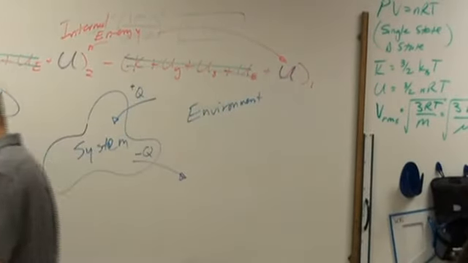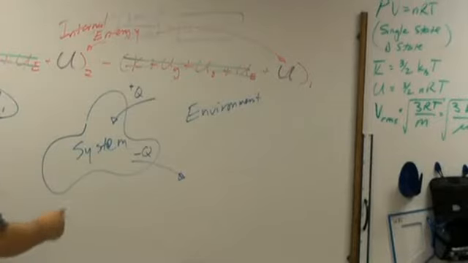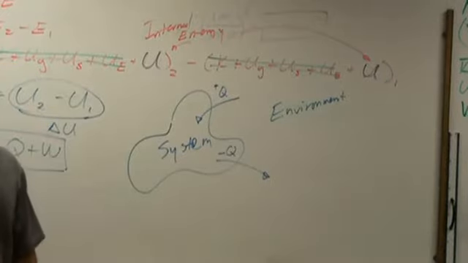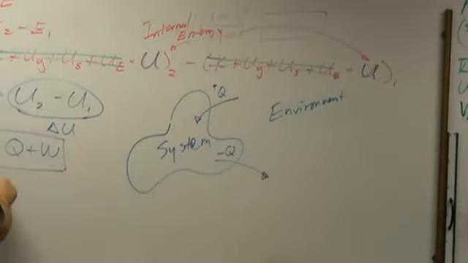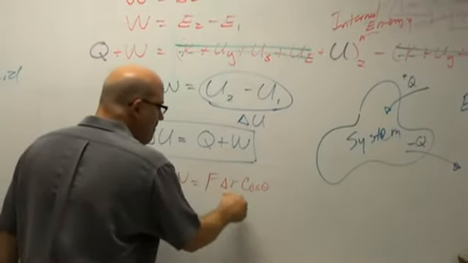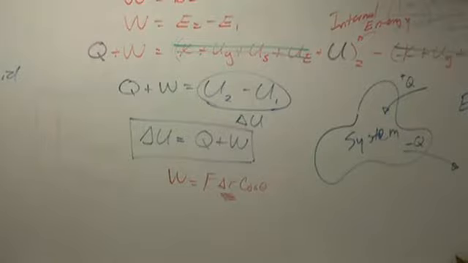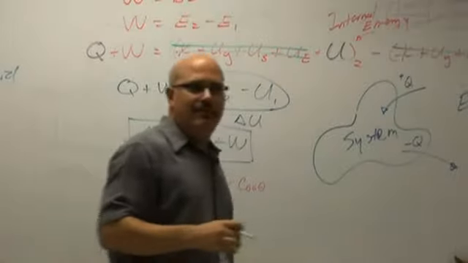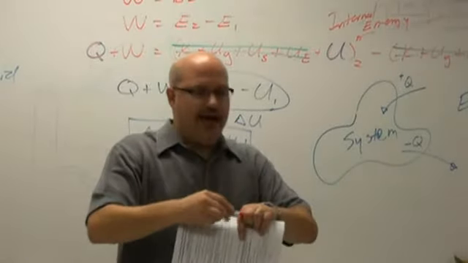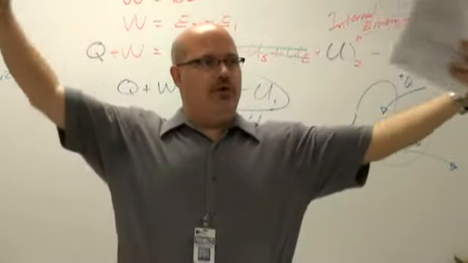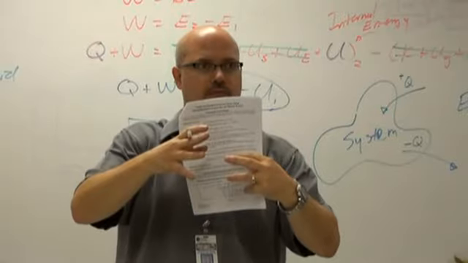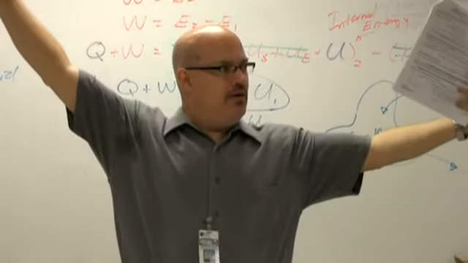If the system does work on the environment, remember that work equals F delta R cosine theta. There must be a movement. So if the system is going to move the environment, the system either has to move outward or move inward. The system either has to get bigger or smaller.